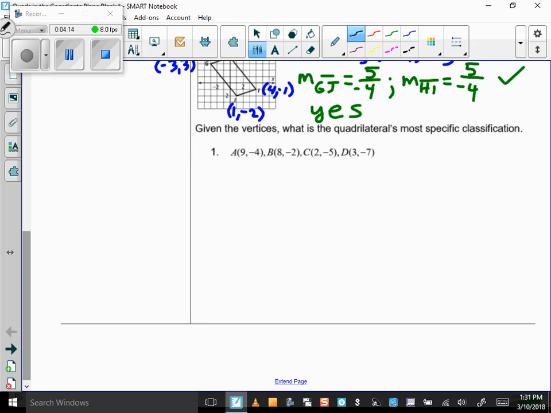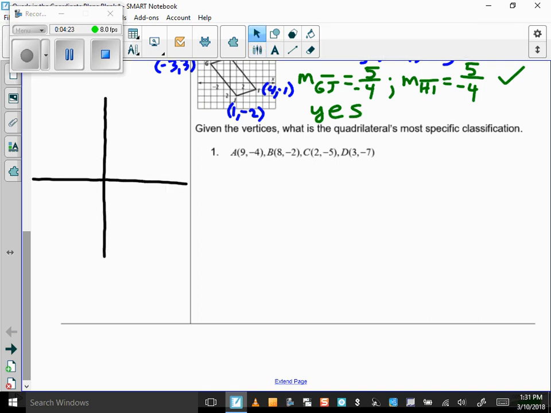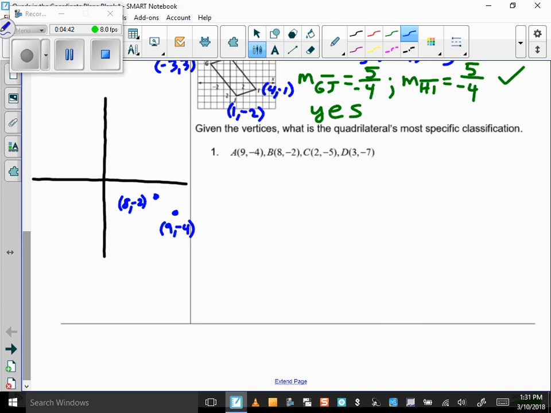As you would imagine, I'm going to try to sketch this first. So I've got (9, -4), (8, -2), (2, -5), and (3, -7). So maybe that'll be about right there.